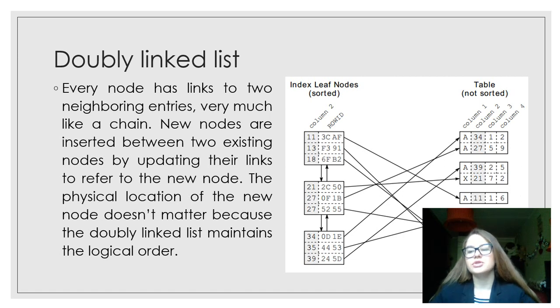It just needs to change some pointers. The physical location of the new node doesn't matter because the doubly linked list maintains the logical order. The database uses doubly linked list to connect the so-called index leaf nodes. Each leaf node is stored in a database block or page.